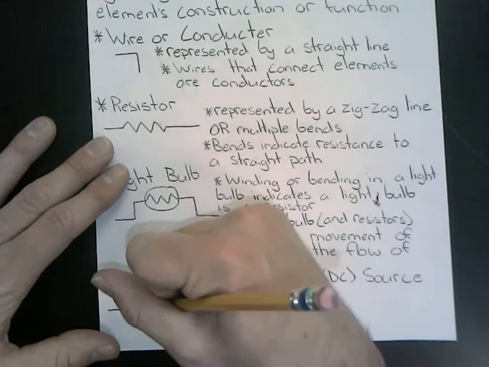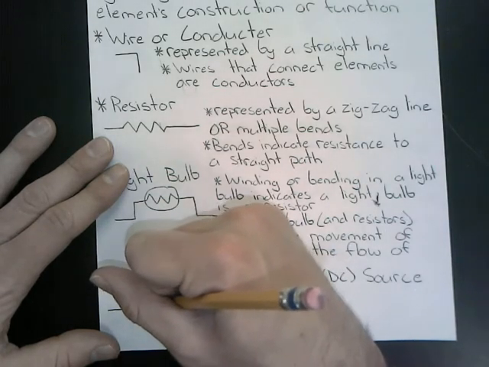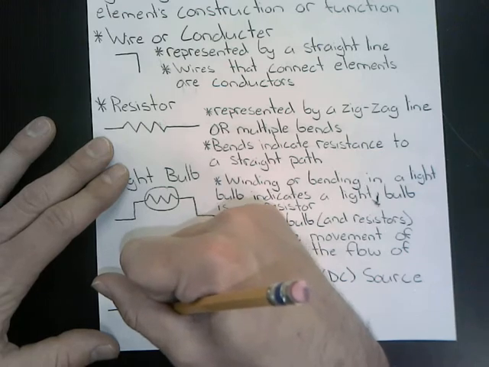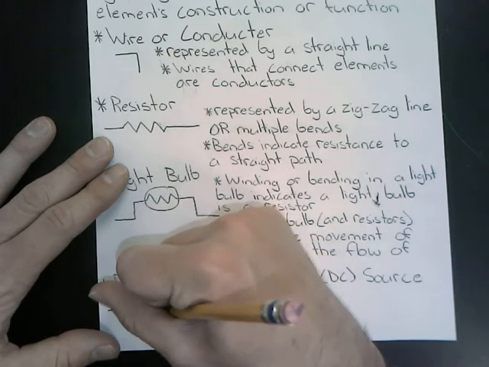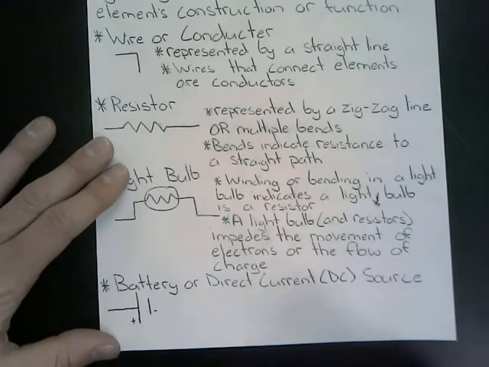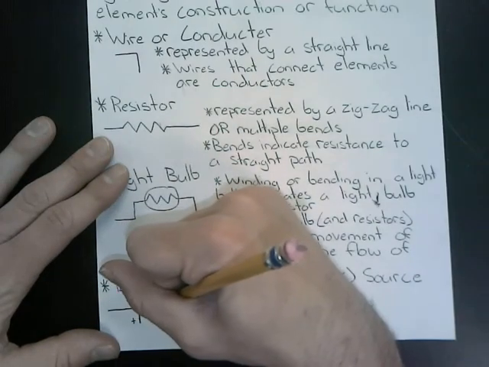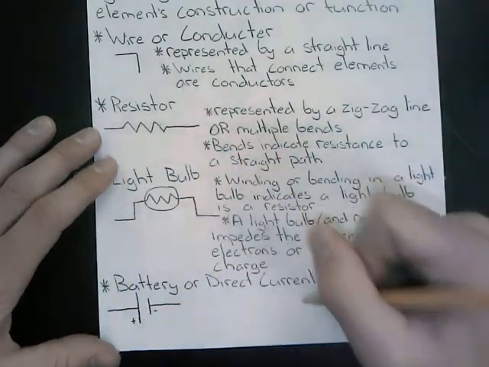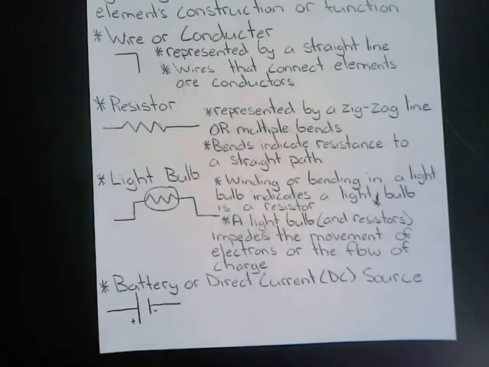Now, next to this, not very far away, you can give it a little space, we draw another perpendicular line, and to the outside of that we represent that with a minus sign, and then we continue on with our straight line conductor or our wire.